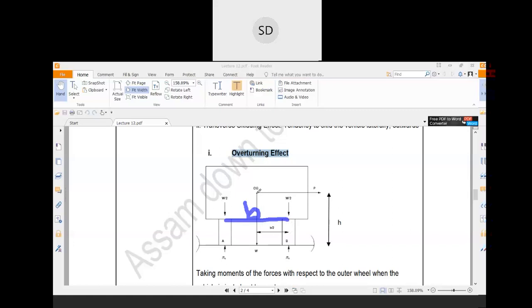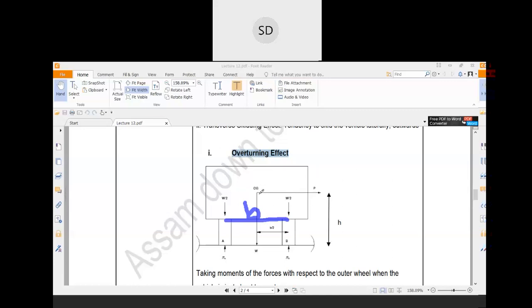The weight of the vehicle acts downward through the center of gravity, and the centrifugal force also acts through the center of gravity, in the outward direction.